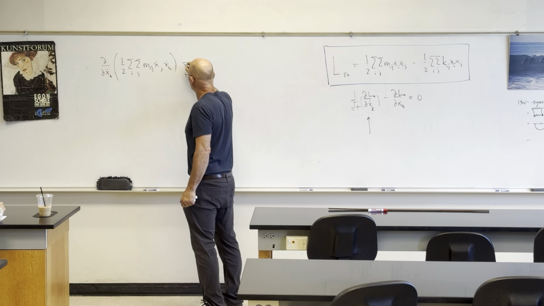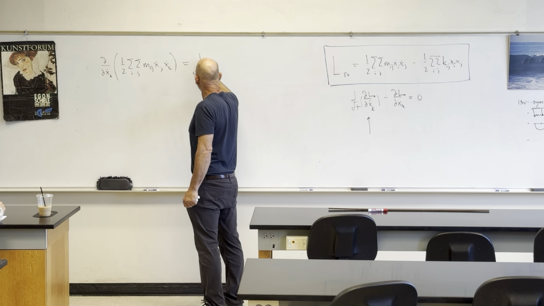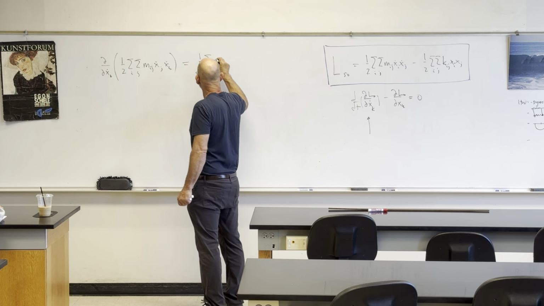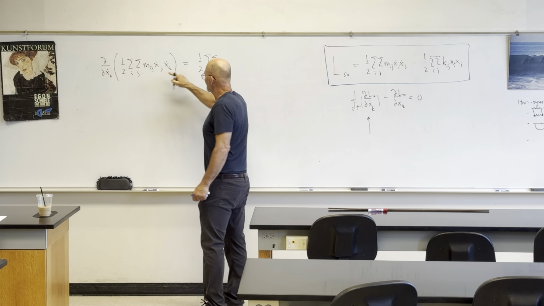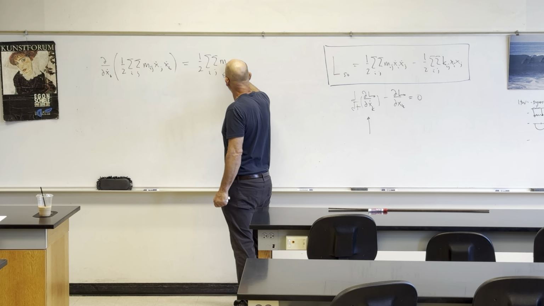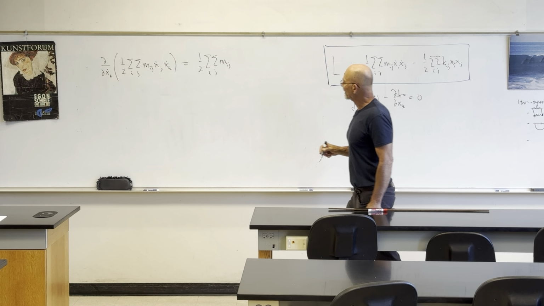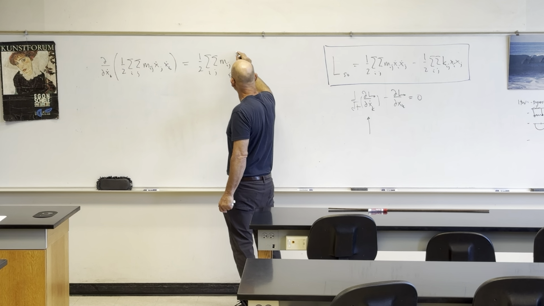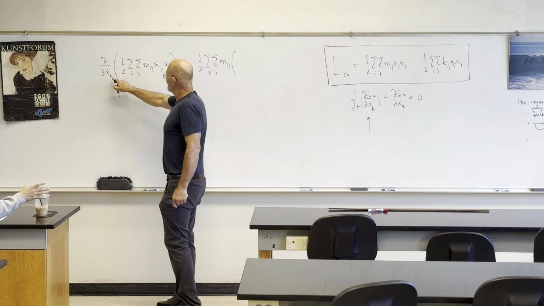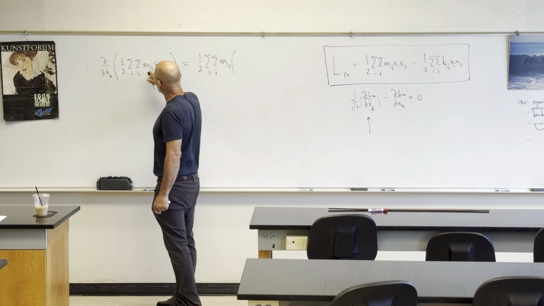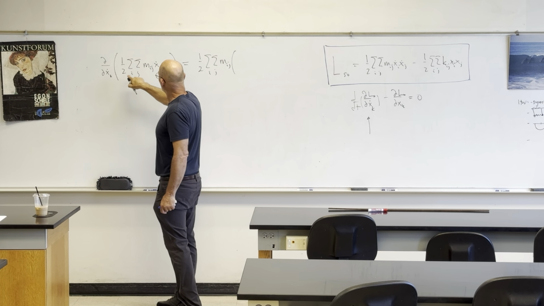And these are constants, so this is why we did that small oscillation Lagrangian, because we can differentiate all the way through here, and then with respect to xk dot, we just have these dotted quantities, so they're partials.